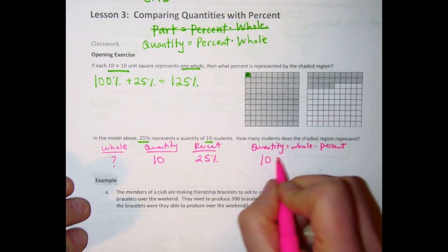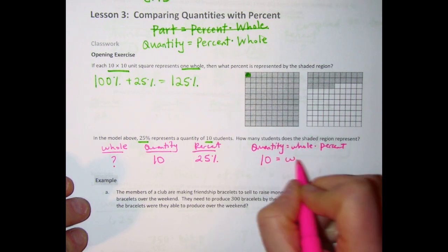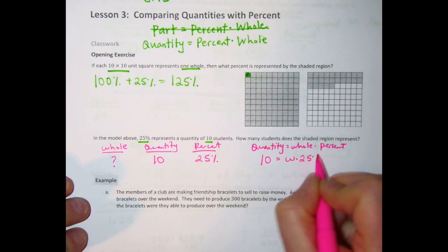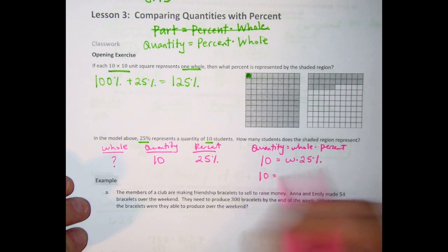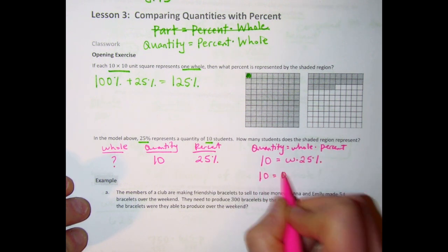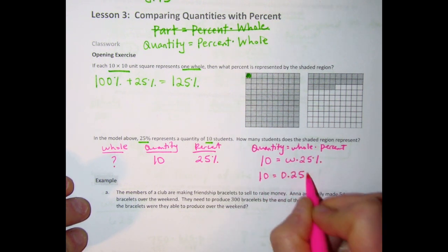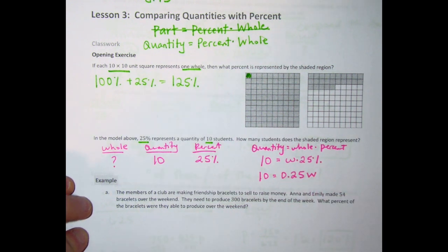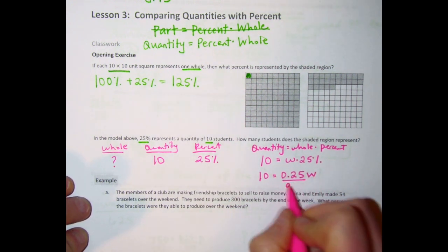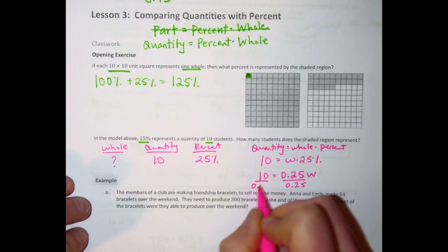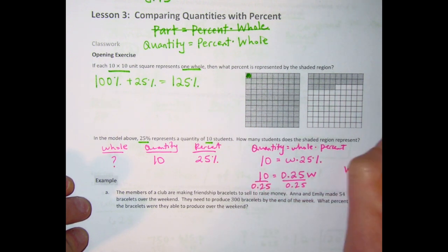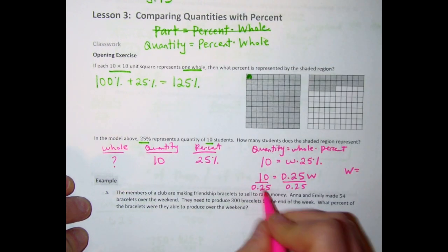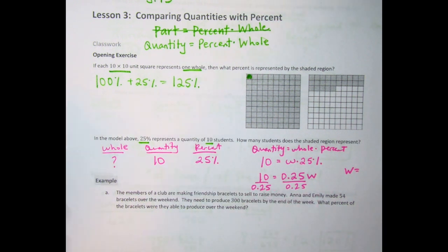So we have 10 equals, we're going to use W, times 25%. 10 equals 25% as a decimal. Remember, we can't multiply with percent, so we need to turn it into a decimal. Times W, and then we're dividing. So 10 divided by 0.25, put that in a calculator, and you're going to get 50. So our total is 50 students.